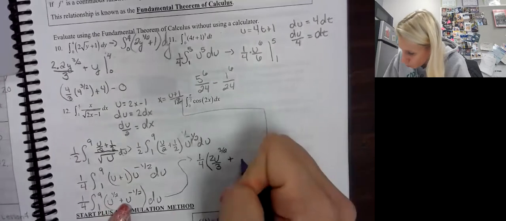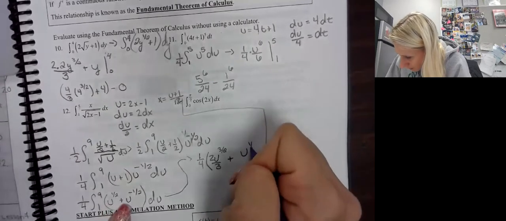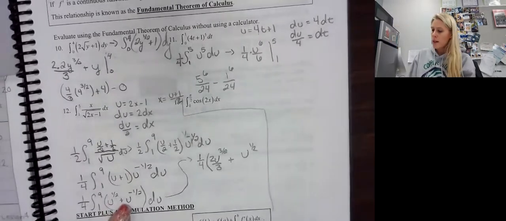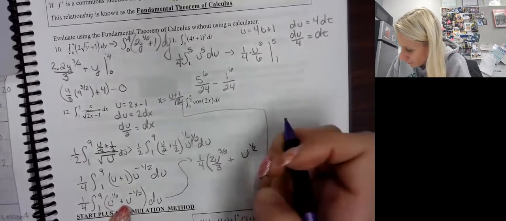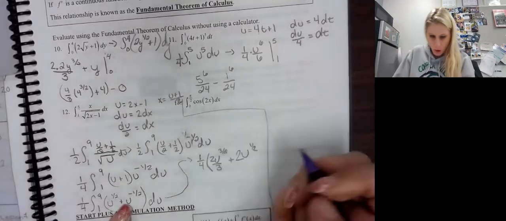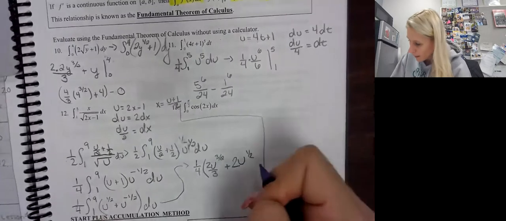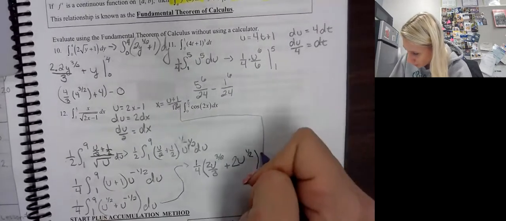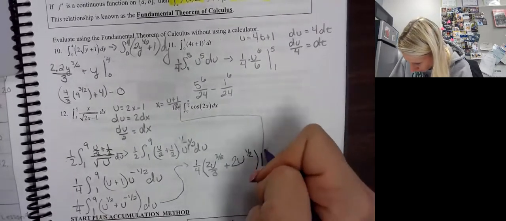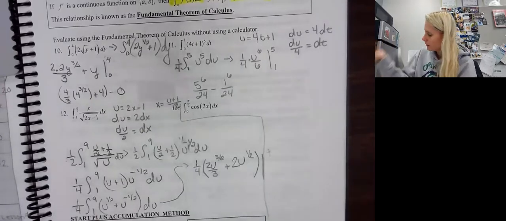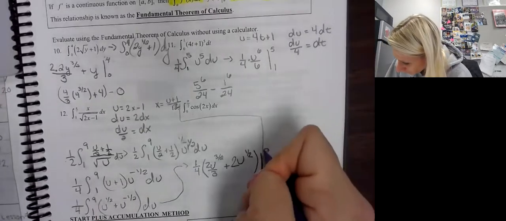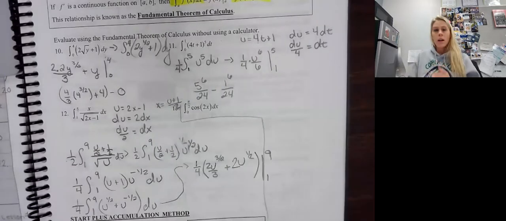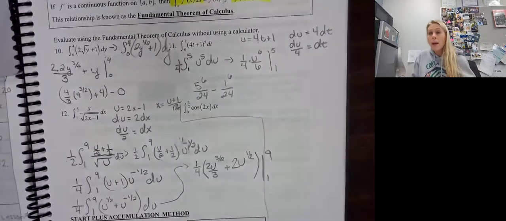Plus, add 1 to the exponent, divide by 1/2, which is multiplying by 2. Okay, and I still have to write this properly because we have boundaries. Boundaries are 9 to 1, or 1 to 9. Now I don't have to substitute that u back in, right, because I already changed the boundaries.